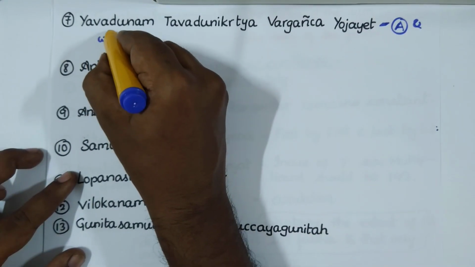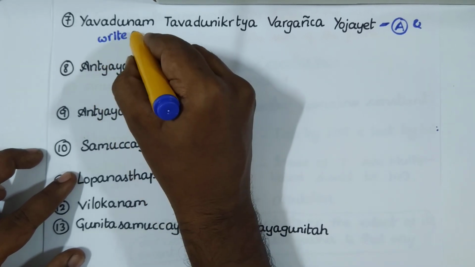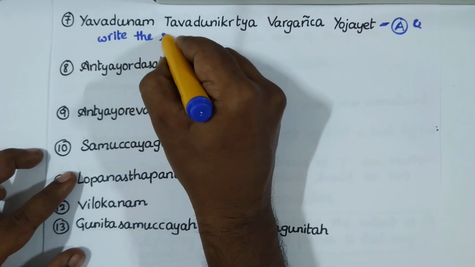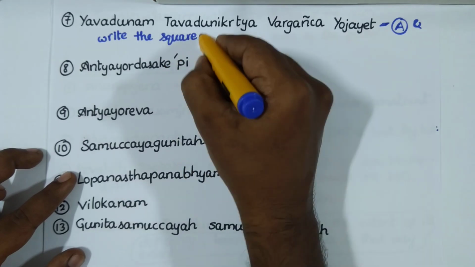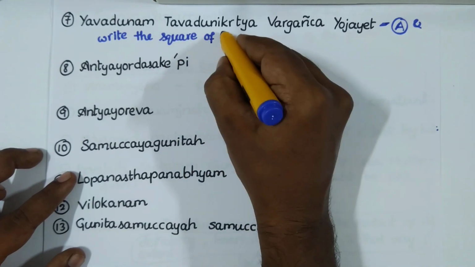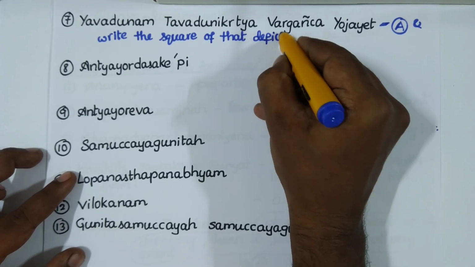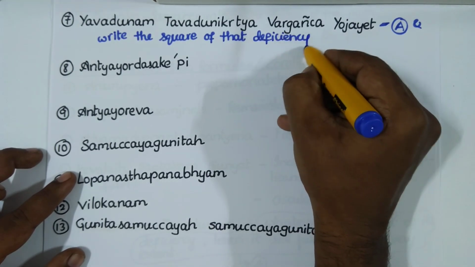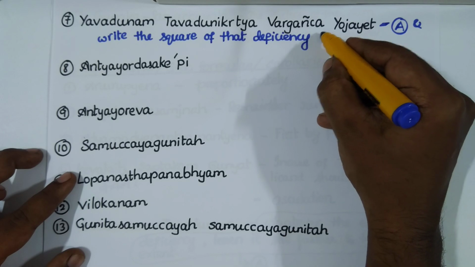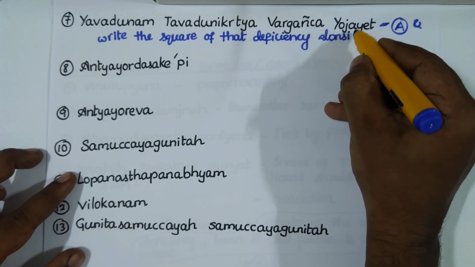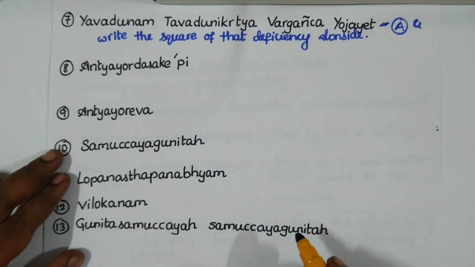and write the square of that deficiency. Now we are taking the square of the deficiency.